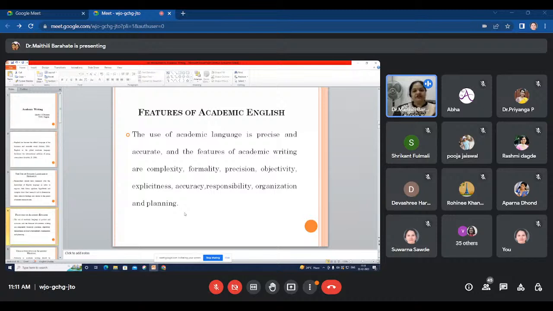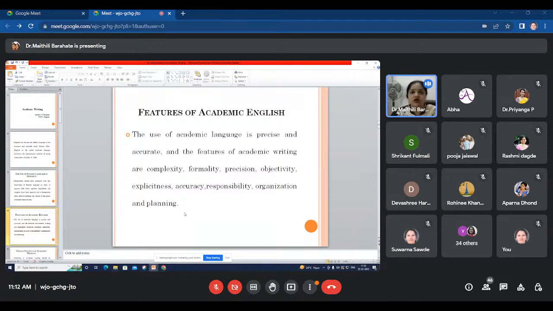What are the different features? Like I told you, it's formal. It is complex. It is precise. As per the different disciplines, in arts it is acceptable that you write down the details. Okay, you elaborate those.